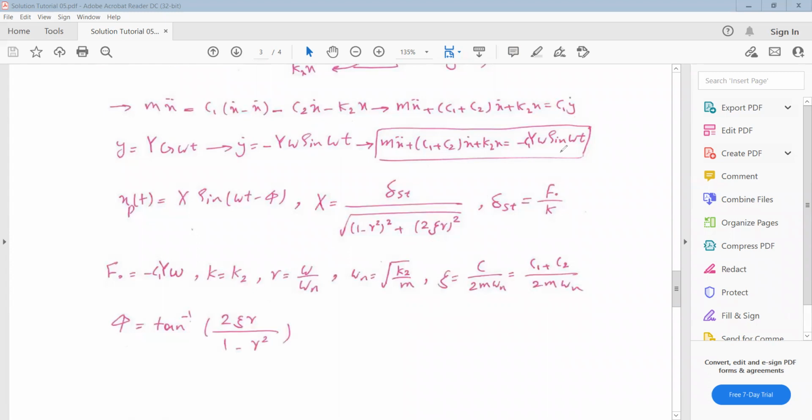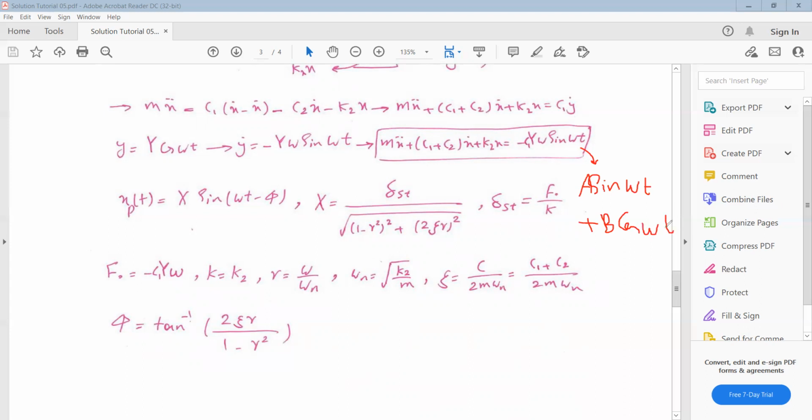Also you can find the response directly. I mean, here we have the non-homogeneous term, which is sine omega t, so you can assume that the particular response is a times sine omega t plus b times cosine omega t.